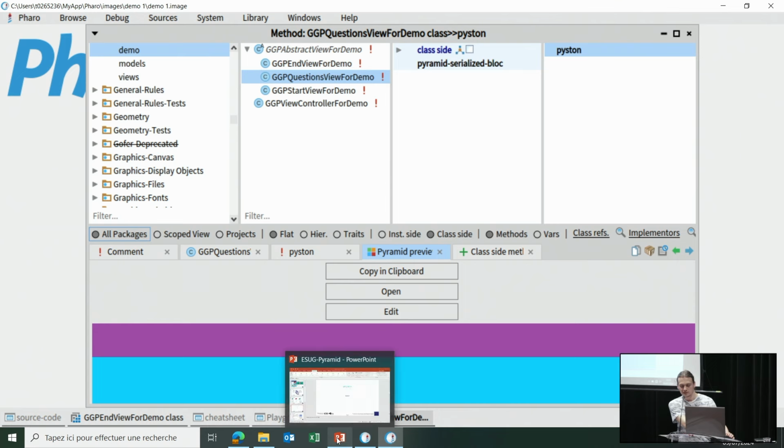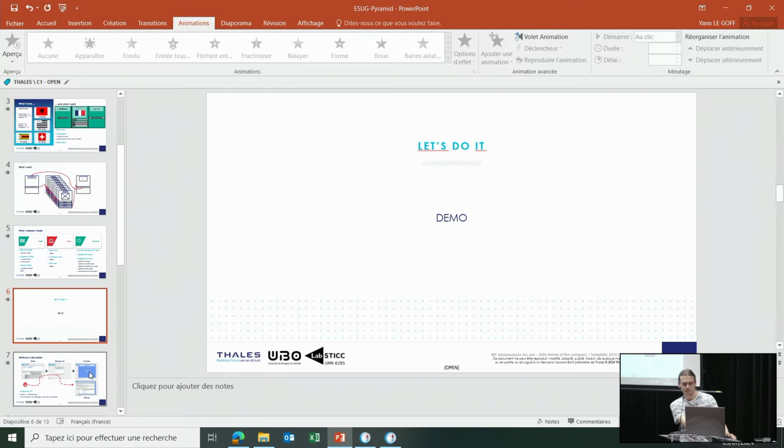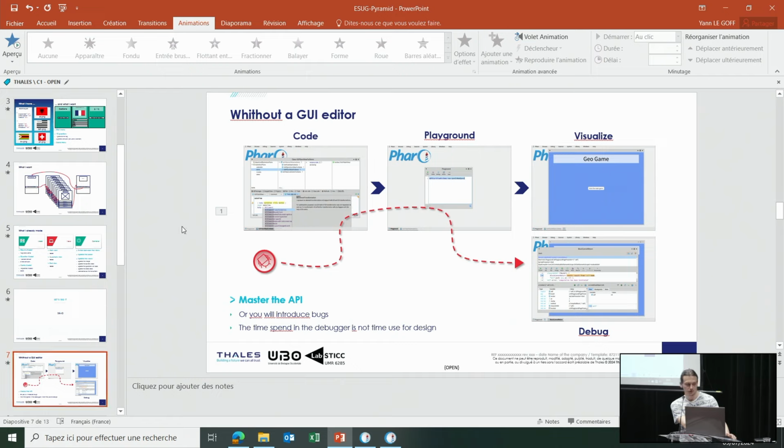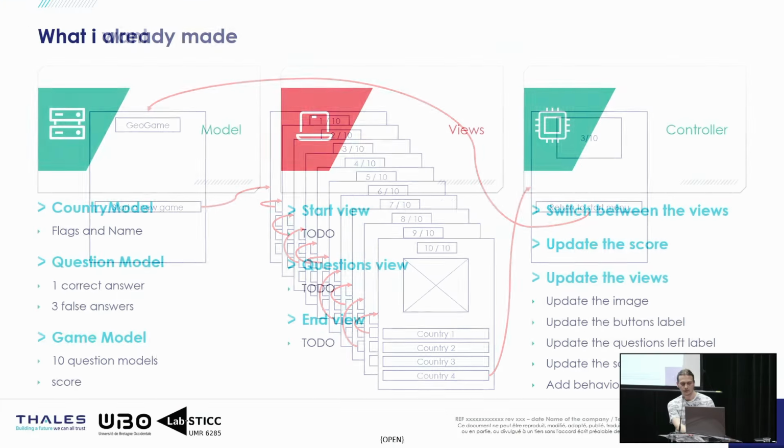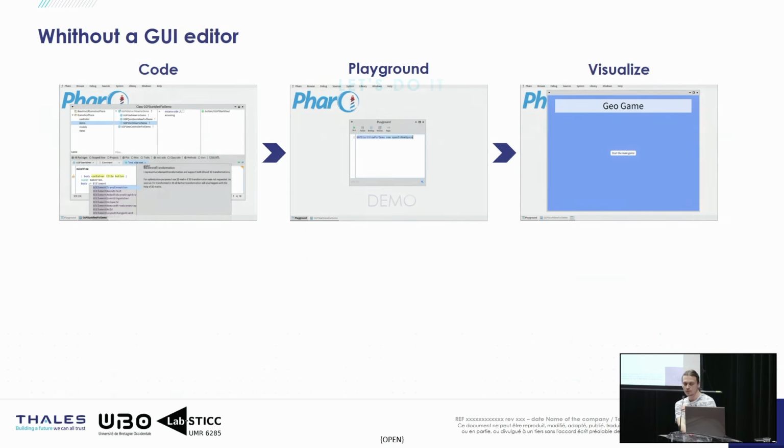Okay, so now if we go back to my presentation. What we just saw is that if we try to write the same interface without an editor, I would have to write it with code, and it would have taken time because writing code can be long and tedious, and we would need to execute it in a playground to be able to visualize it.